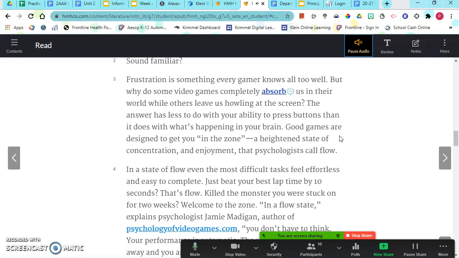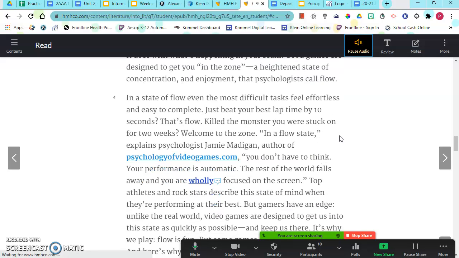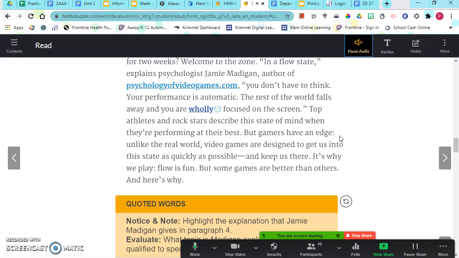Just beat your best lap time by 10 seconds? That's flow. Killed the monster you were stuck on for 2 weeks? Welcome to the zone. In a flow state, explains psychologist Jamie Madigan, author of PsychologyOfVideoGames.com, you don't have to think. Your performance is automatic. The rest of the world falls away, and you are wholly focused on the screen.